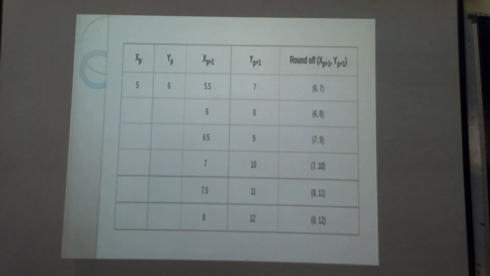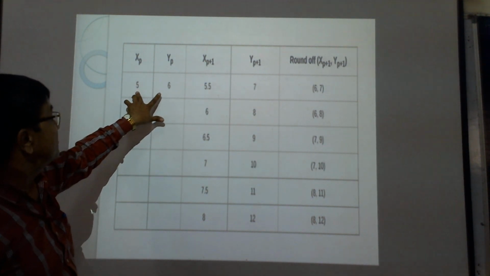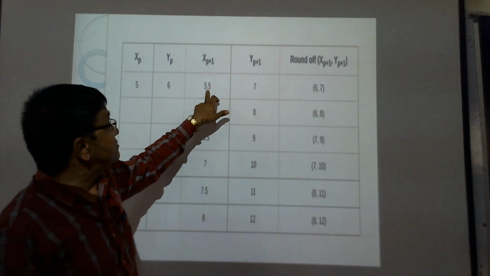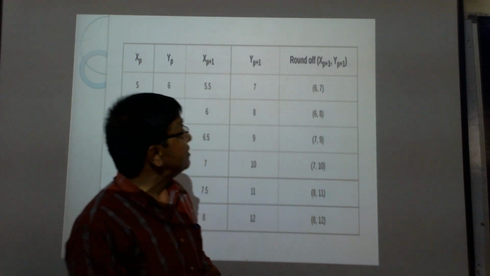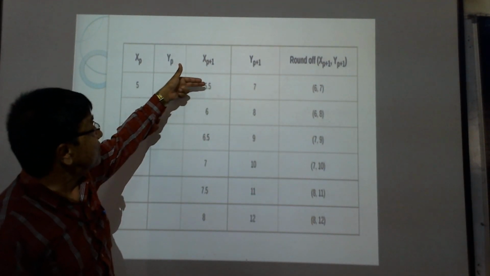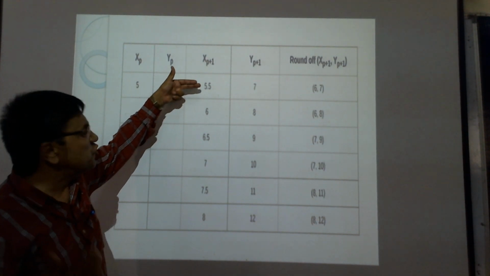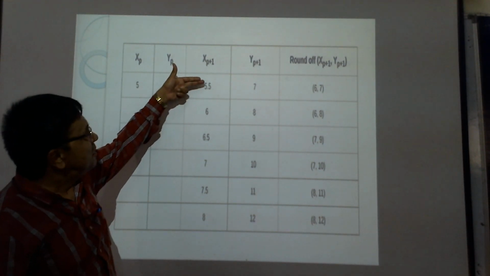See, this is the table where we are showing all the calculated coordinates. This is the given starting point, and this is the first coordinate, and after round off we have got 6, 7. From this x plus 1 we calculated the intermediate coordinates using these values.